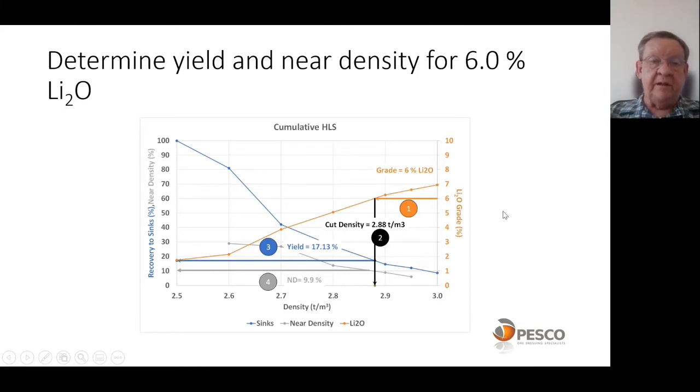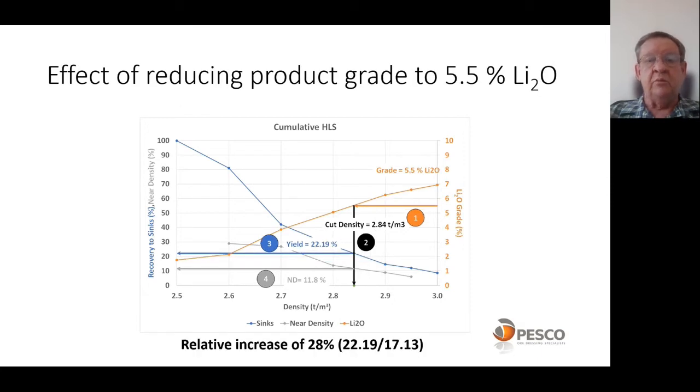So using the cumulative HLS curve, we can predict both the yield and the near density for a given product quality. Nowadays, with the demand for lithium, a lot of mines are no longer supplying 6% spodumene, but 5.5%. So what is the effect of reducing the product grade to 5.5%? We can use the same cumulative HLS curve. We take 5.5% lithium where it intersects the yield curve and go down to the cut density. We can see the cut density has dropped from 2.88 to 2.84.